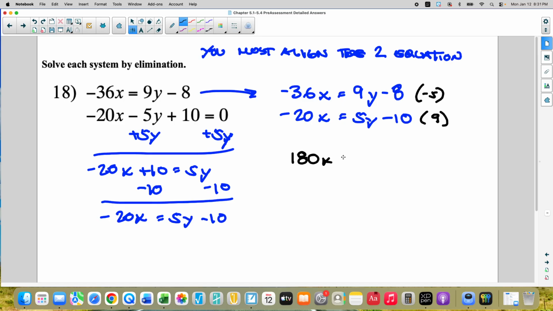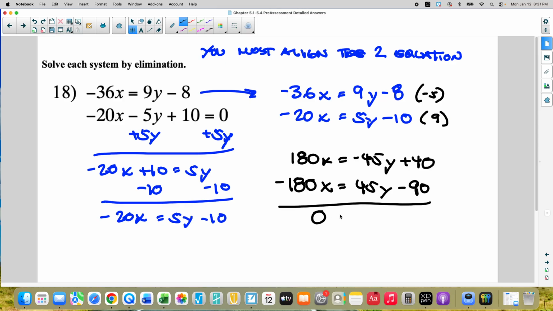Negative times negative is positive. 9y times negative 5 is negative 45y. And negative 8 times negative 5 is positive 40. I'm going to multiply that. That is negative 180x equals positive 45y, and that is negative 90. This makes 0, this makes 0, and this makes negative 50.